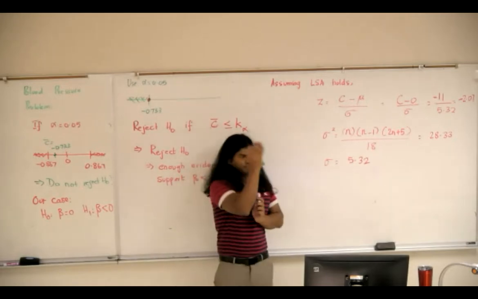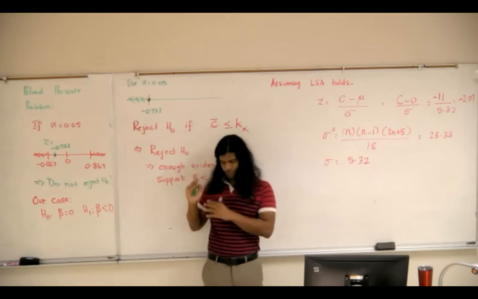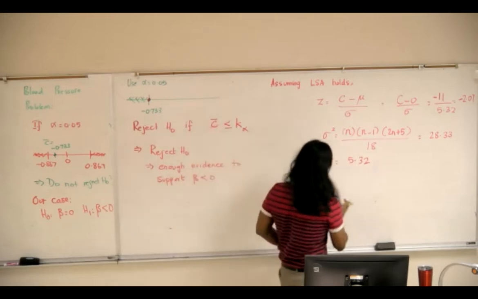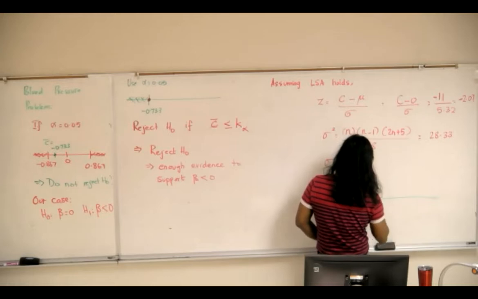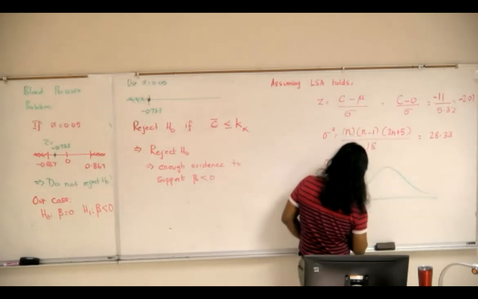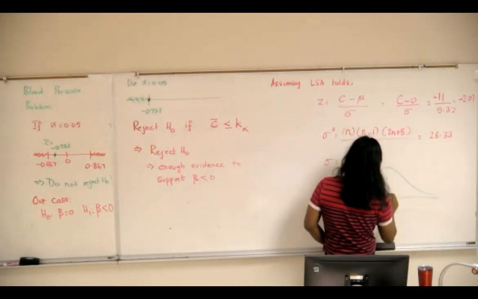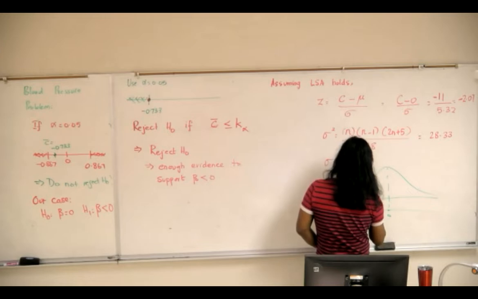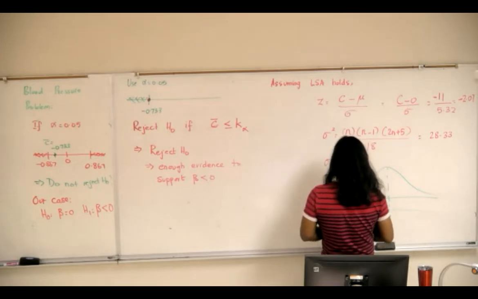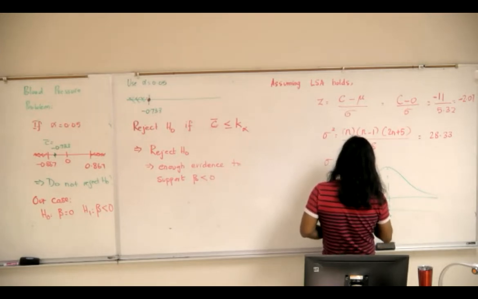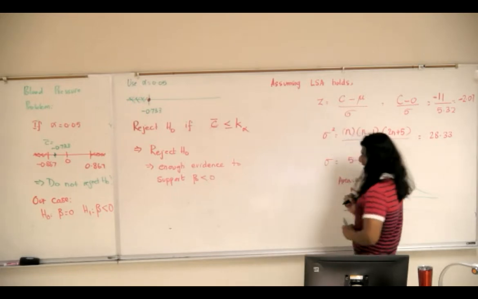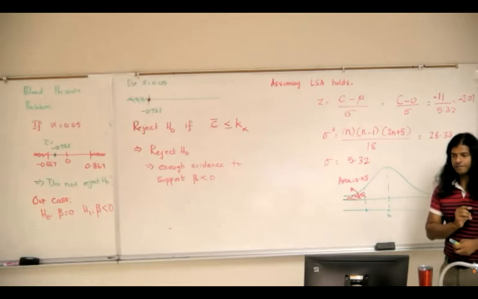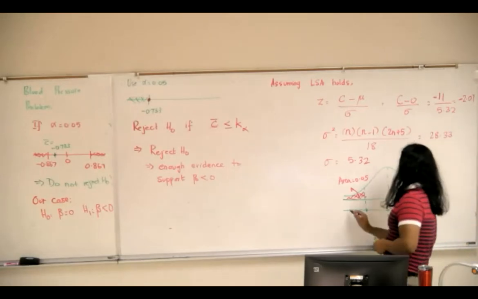Again, based on what we told, we shouldn't be doing a two-tailed test. It has to be a left-tailed test. The area is 0.05.